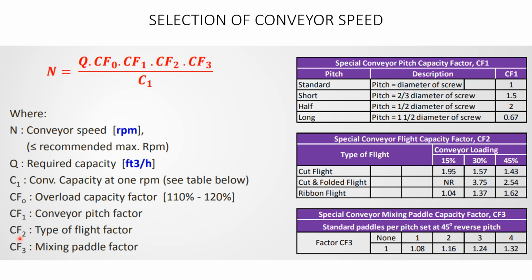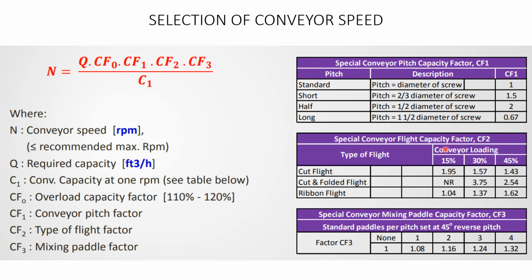And then CF1, CF2, CF3 are the factors. CF1 is a special conveyor pitch capacity factor. If your standard pitch is equal to the diameter of the screw, then CF1 will be 1. If it is 2/3 of the screw diameter, then your CF1 will be 1.5. Half of the screw diameter, then 2. 1.5 times the screw diameter, then 0.67. So depending upon these factors, your CF1 will vary.